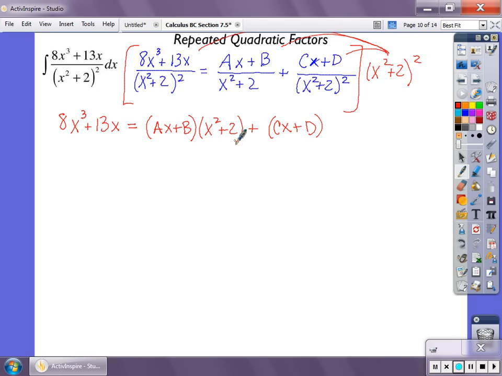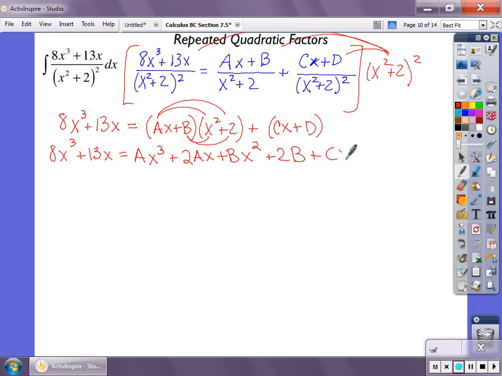We got our 8x cubed plus 13x equals ax cubed plus 2 times ax plus bx squared plus 2b, and then we have our plus cx plus d. Now remember, you want to group your like terms.